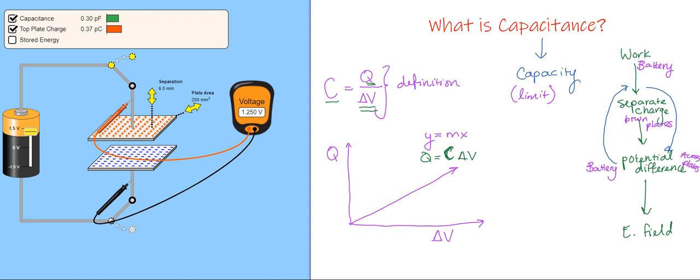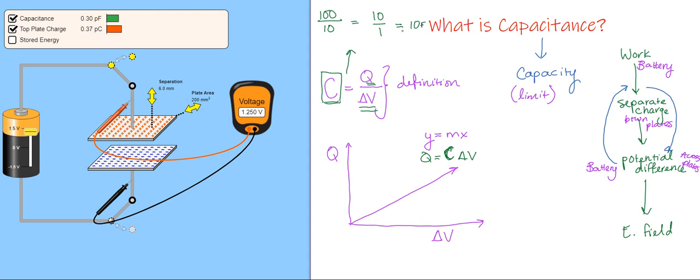I always think of this idea as a fraction, simplifying a fraction. 100 coulombs of charge, for instance, might be possible across 10 volts. Or perhaps that's the same thing as saying, if I have 10 coulombs of charge, I only need 1 volt to do that for this particular capacitor. And the capacitance of this capacitor, if I was using these values, would be just 10 farads.